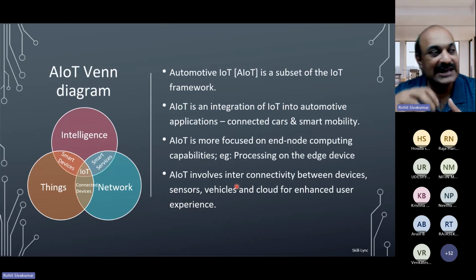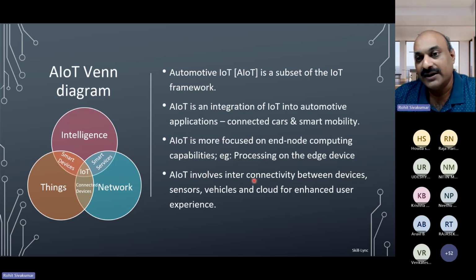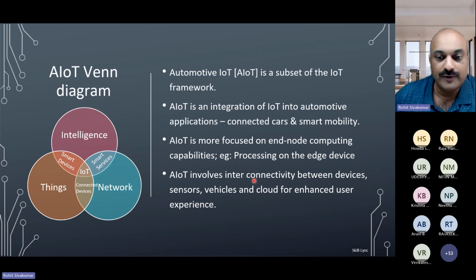Those things add latency. So there needs to be a choice of what you want to process at what part of the entire IoT infrastructure. And that's all combining devices, sensors, vehicle, and cloud, to provide a good, rich user experience in automotive IoT.